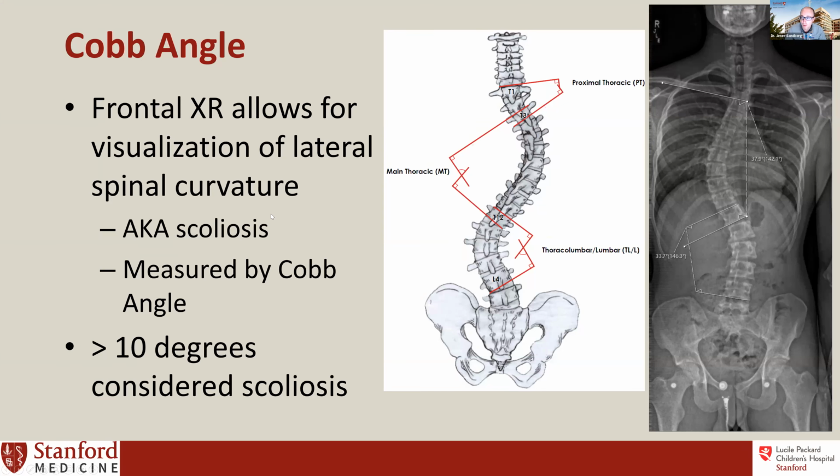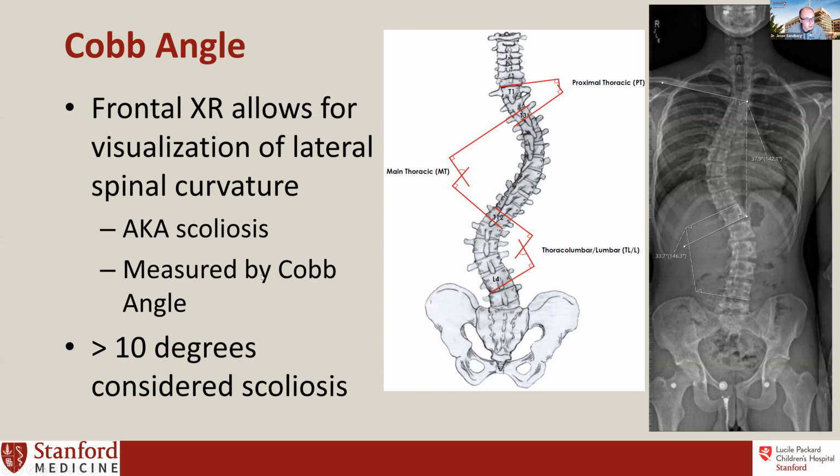This is the most important angle and the most well-known measurement out there. And it's performed on a frontal radiograph. And this really assesses the lateral spinal curvature of the spine. And as a radiologist, we have multiple tools on what's called a PACS platform, where we view the images, where we can make these measurements. When we say someone has scoliosis, generally it's the Cobb angle we're measuring.